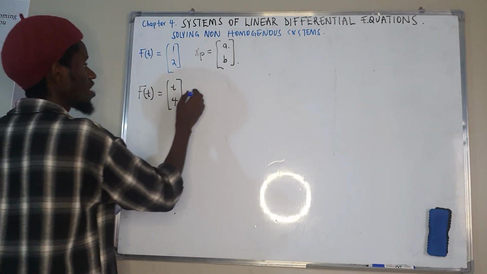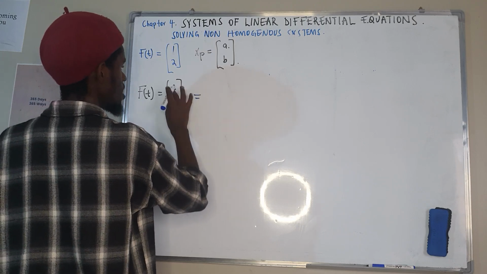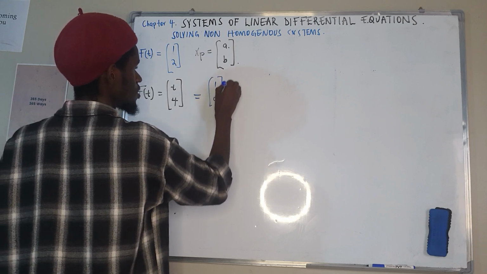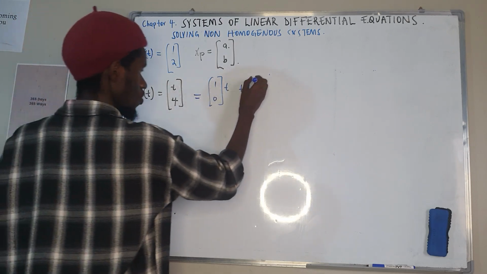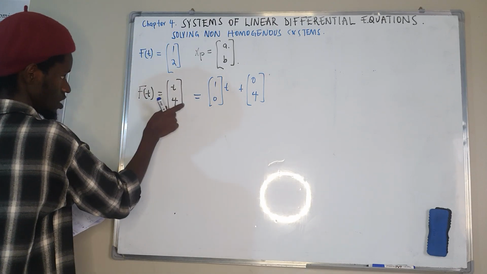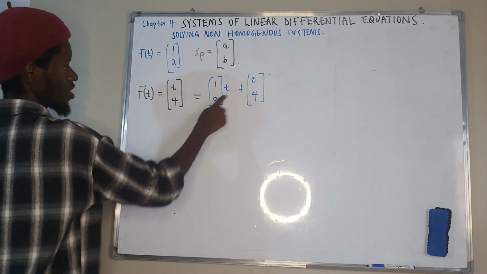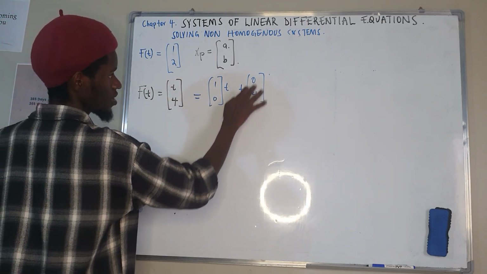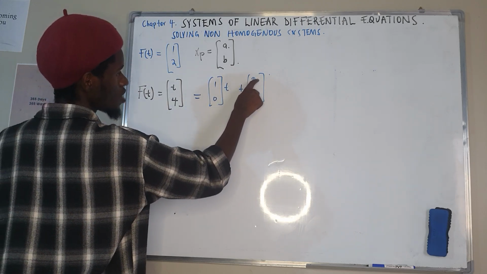This is the same thing as having, if I take t, here I have 1t and 0t, which are the components of t, and then plus, here I have 0 and then a 4. For t, I have only 1t here, then a 0t down here. Then for the constant, I have a 0 up here and a 4 down here.